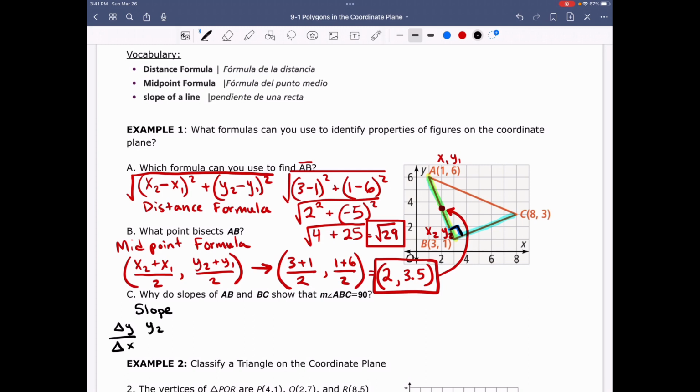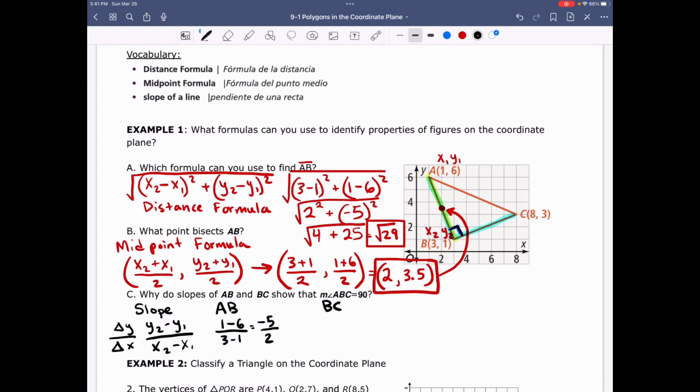So we subtract the y's, we subtract the x's. Then we need to figure out the slope of AB and the slope of BC. And if they're negative reciprocals, then it'll be 90 degrees. So for A to B, it would be a slope of 1 minus 6 over 3 minus 1, which is equal to negative 5 over 2.